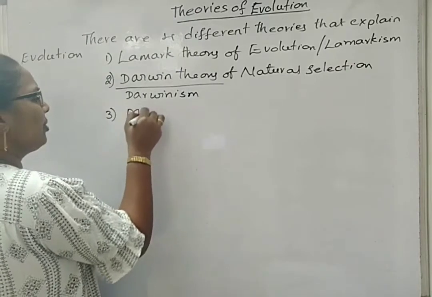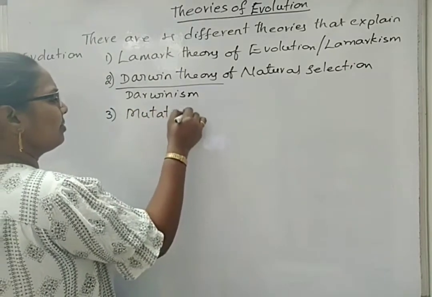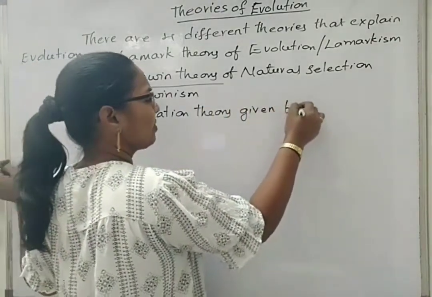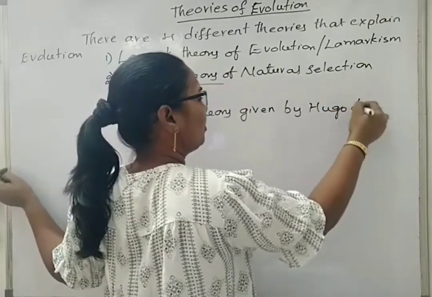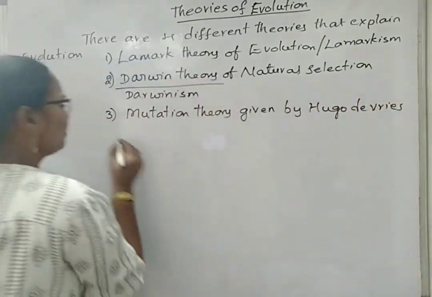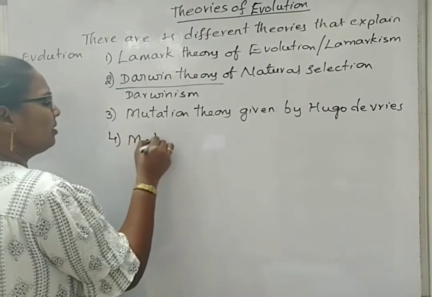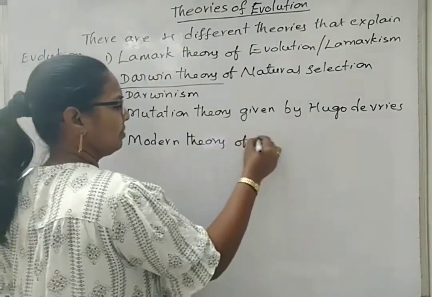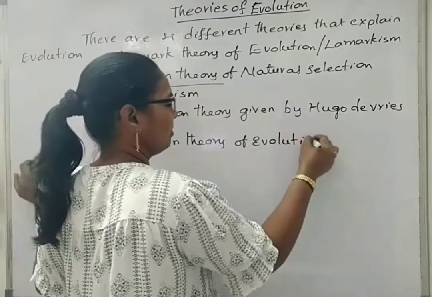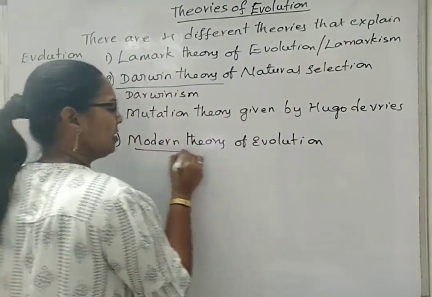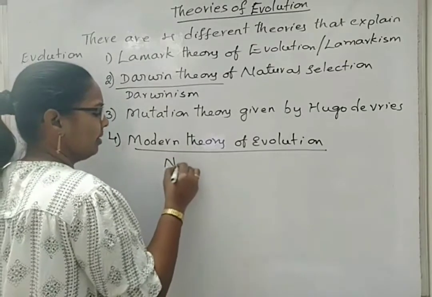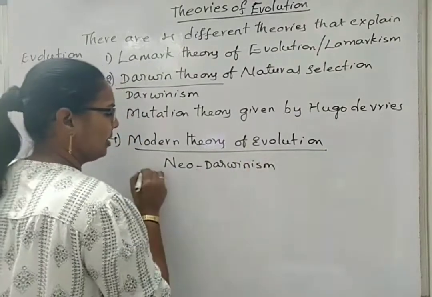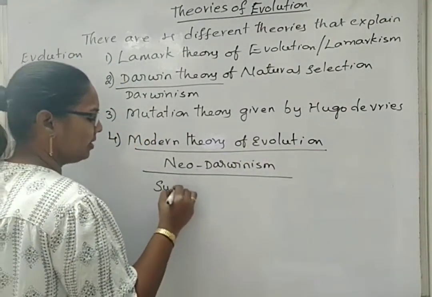Third one, mutation theory, given by Hugo de Vries. Fourth one, modern theory of evolution, it is also called Neo-Darwinism. It is also called synthetic theory of evolution.